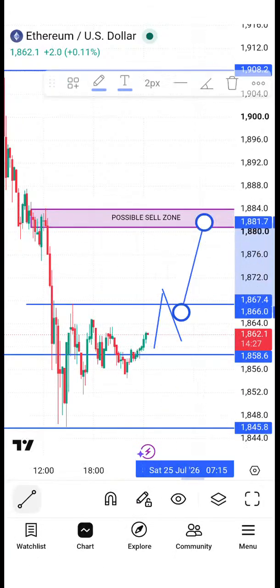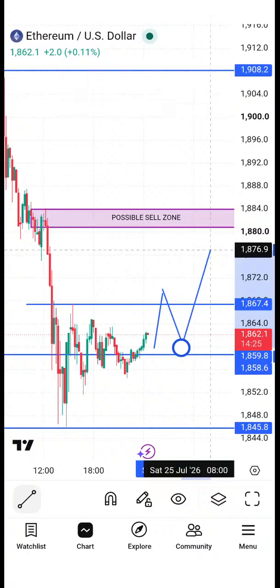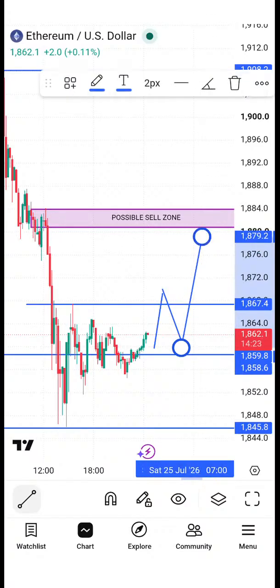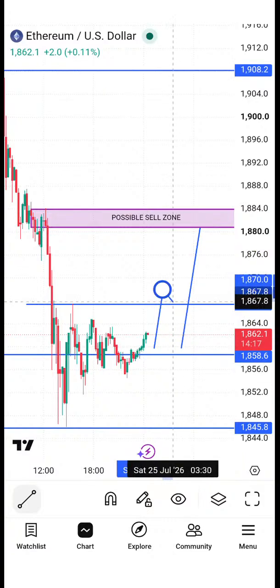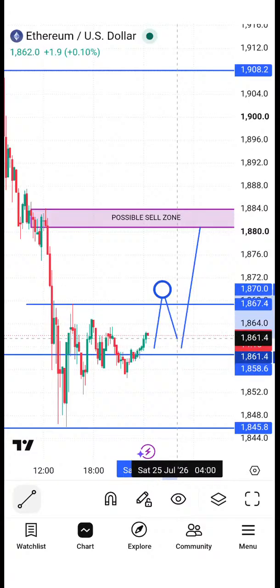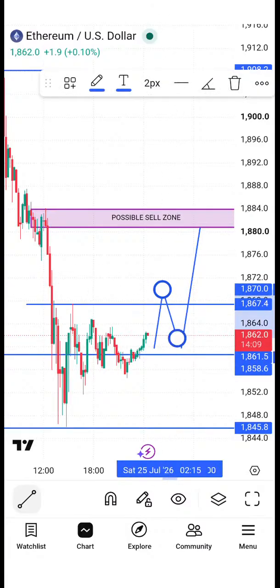It's just for me. Ignore this thing, guys. But it's what I'm expecting. It's either to retest here or here or around here. The breakout will tell me.